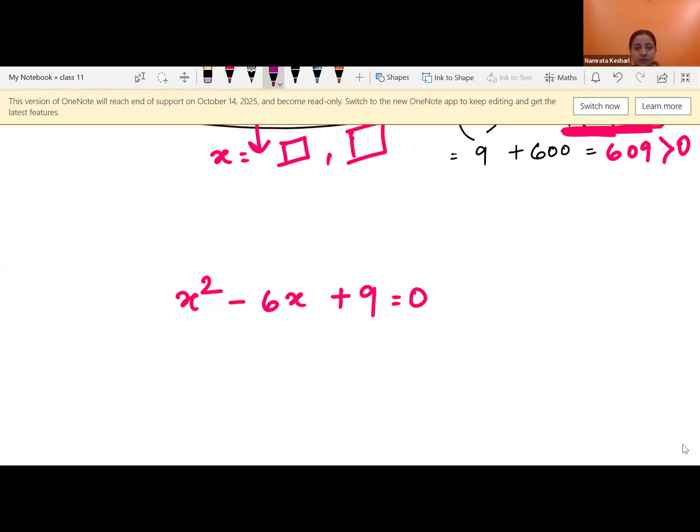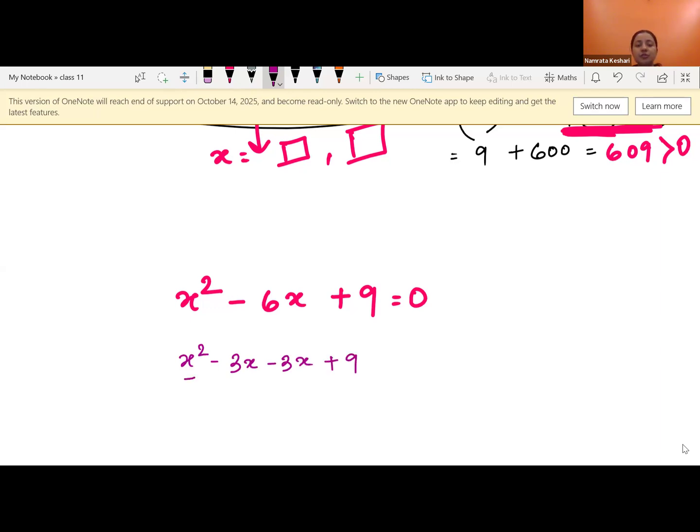We split 9, right? 3 into 3. So we are going to get x square minus 3x minus 3x plus 9, right?